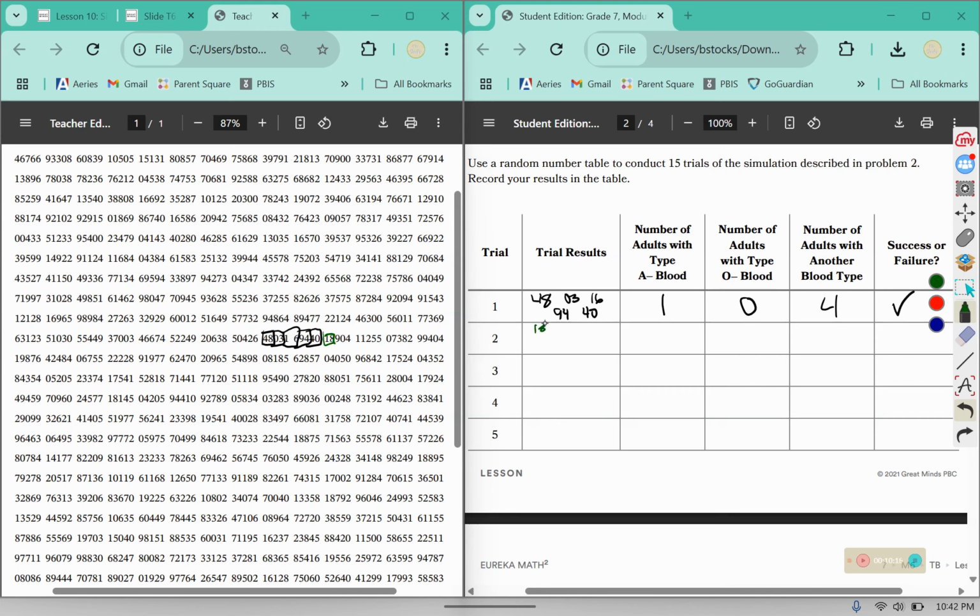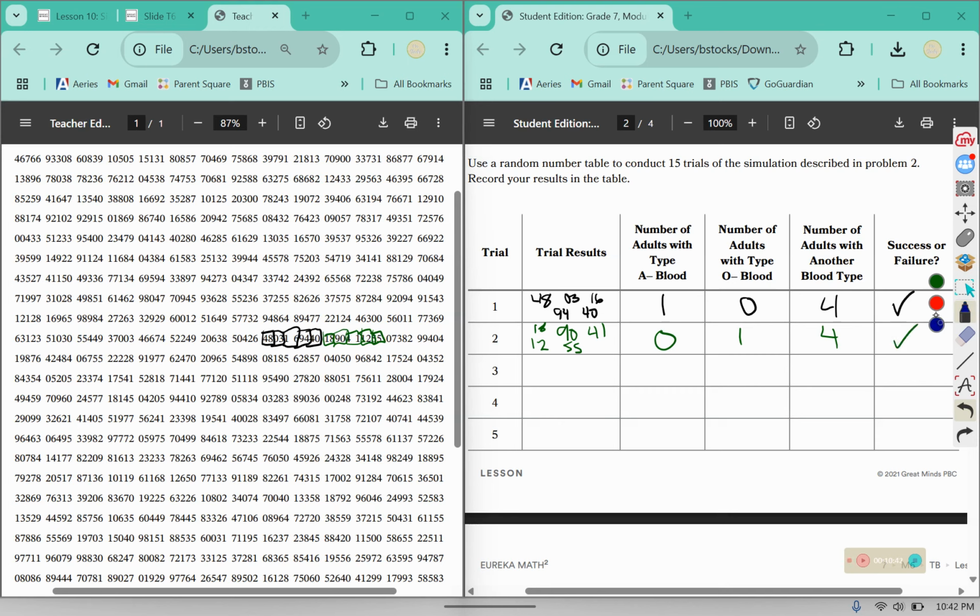We have 18, 90, 41, 12, and then 55. There aren't any from 0 to 6, but there is one from 7 to 13, that 12 there.